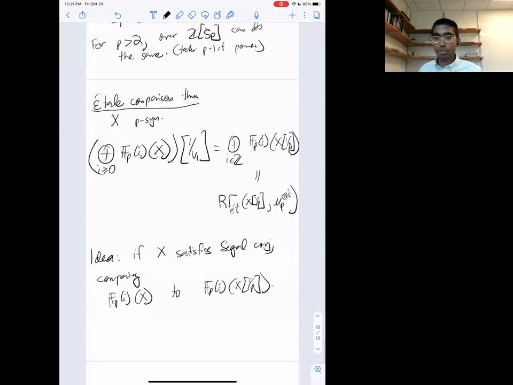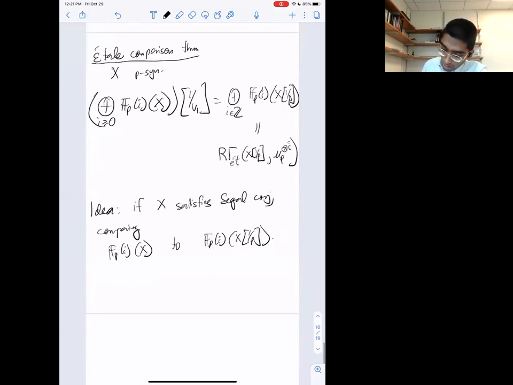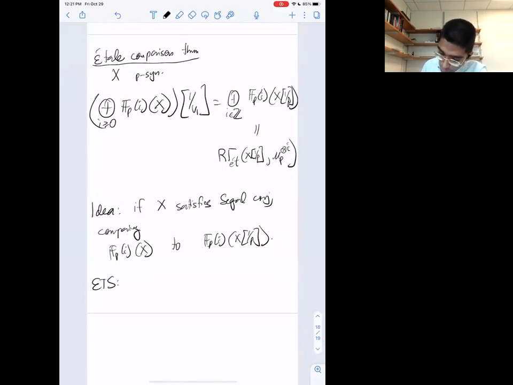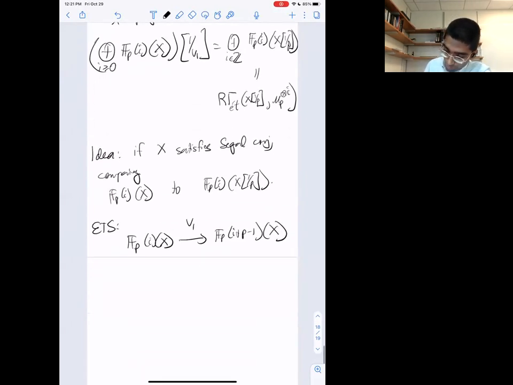And then you have to say something in the top degree as well. So it's enough to show that the map from F_p(i)(X), given by multiplication by v1, to F_p(i+p-1)(X) is an isomorphism in cohomological degrees less than i.